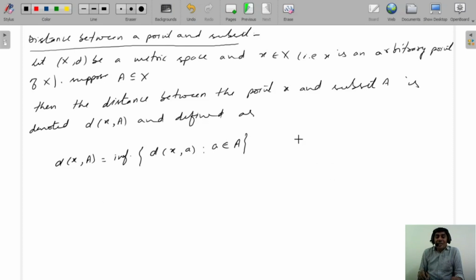Graphically we see that the rectangular part is the metric space X with metric d.